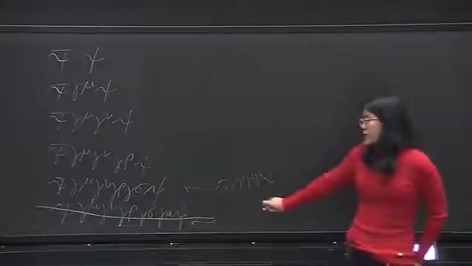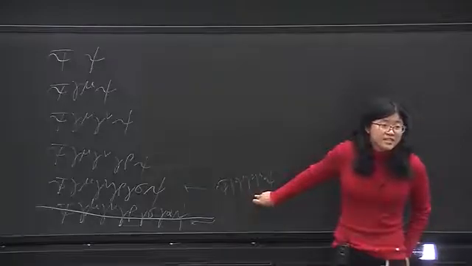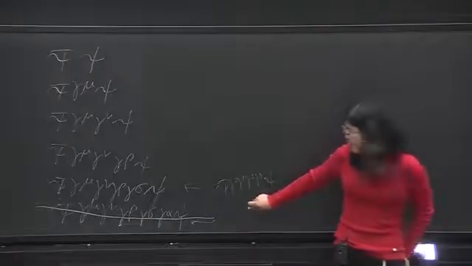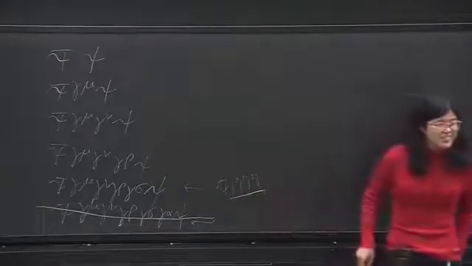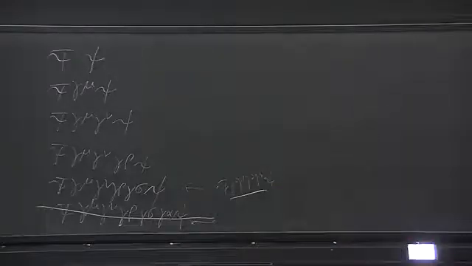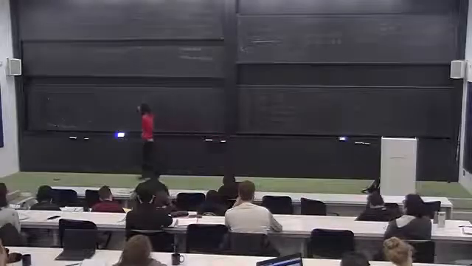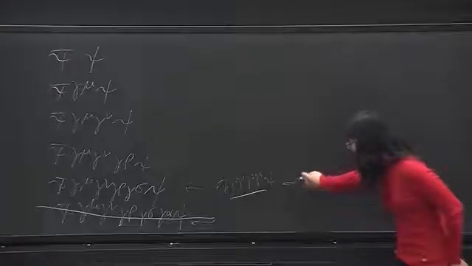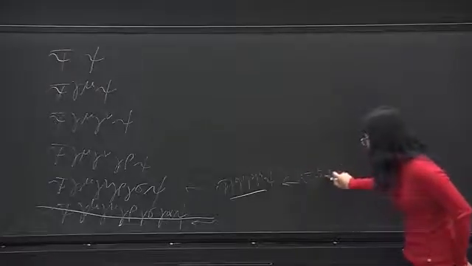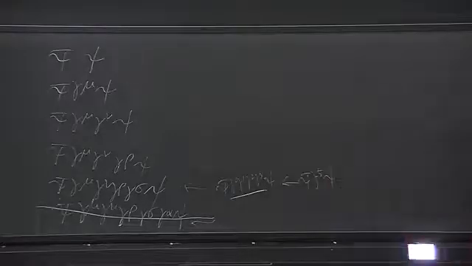There's nothing I can write independent of this. And I hope that you recognize what this thing is, after spending many times commuting this all the time. This thing is nothing but psi bar gamma 5 psi with some i or whatever coefficient. But there are no other independent things I can write down.